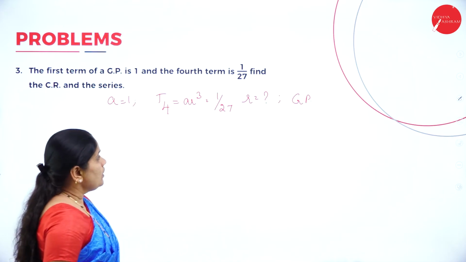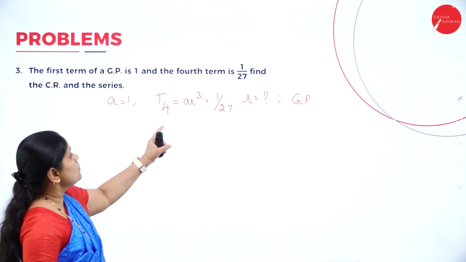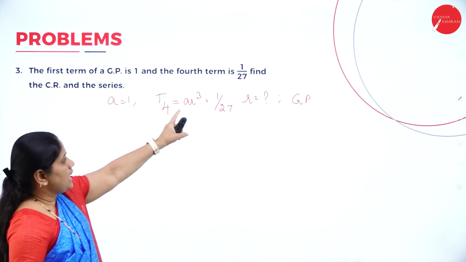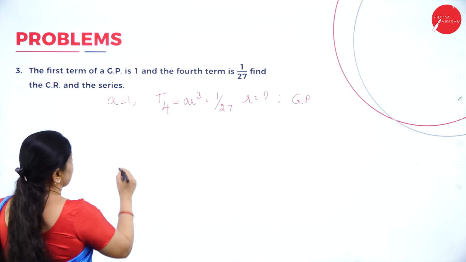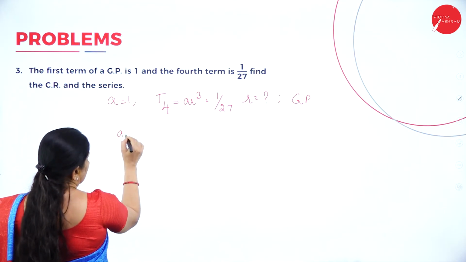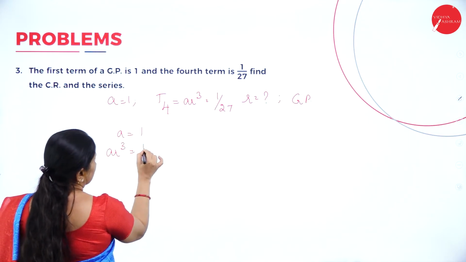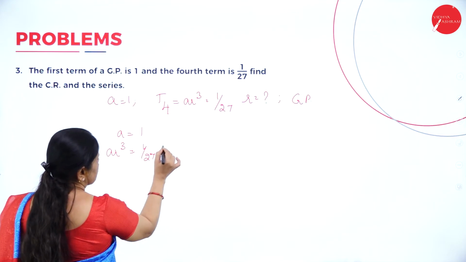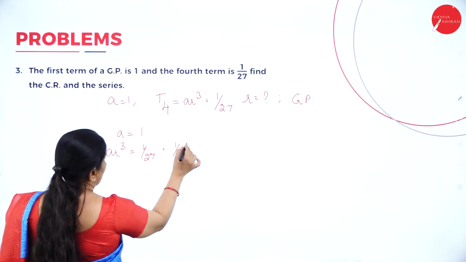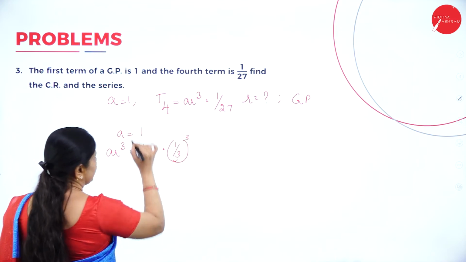So we are given that A equals 1 and AR cube equals 1 by 27, or this is 1 by 3 the whole cube.